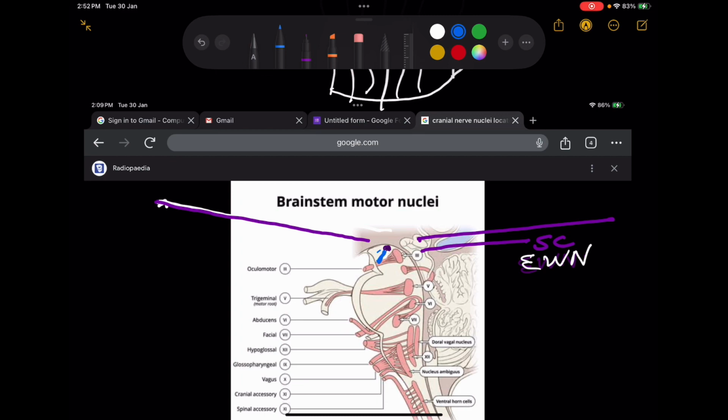The Edinger-Westphal nucleus gives parasympathetic fibers to the third nerve. The third nerve gives it to the ophthalmic branch of the fifth.